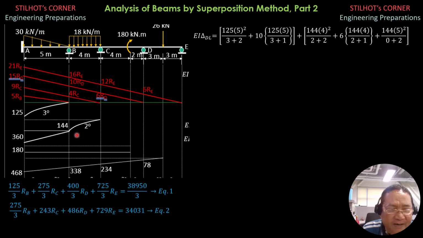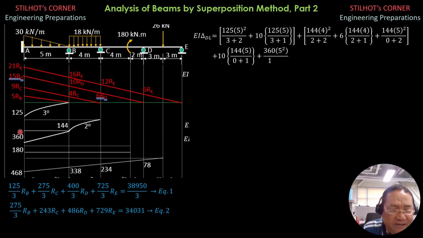Then for this couple here, deflection 144, 5 square over 0 plus 2. Then for the slope, 4 plus 4 plus 2 is 10. So 10 times moment 144, length 5 over 0 degree plus 1.